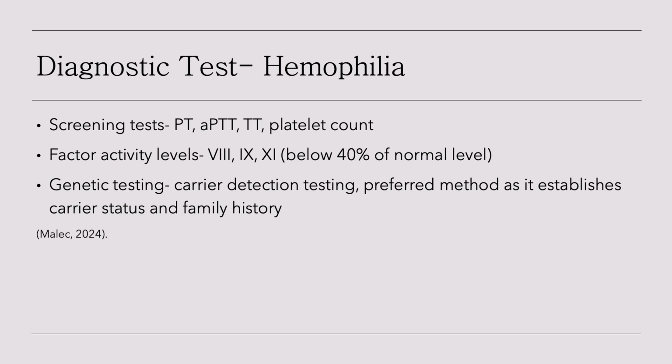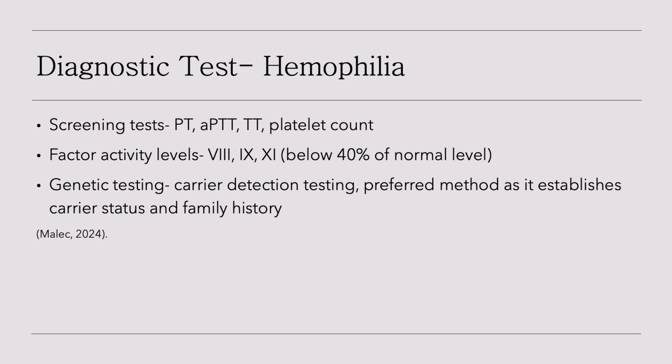Diagnostic testing specific to hemophilia would include screening tests looking at the PT, APTT, TT, or the thrombin time, and the platelet counts. You would also look at the factor activity levels, so looking at coagulation factor 8, 9, and 11.